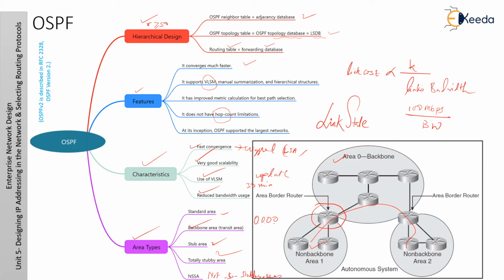Fine, NSSA. This area offers benefits similar to those of a stub area. However, NSSA allows ASBRs, which is against the rule in a stub area. Totally stubby NSSA, although it sounds like a very strange name, is a Cisco specific feature that further reduces the size of routing tables inside the NSSA. So this is all about OSPF.